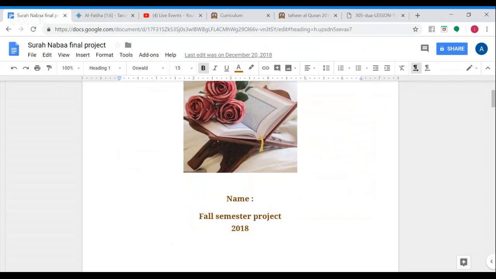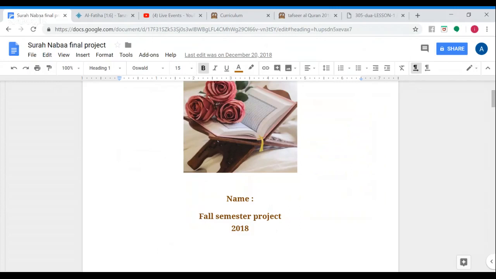Now, when min, from, and an, about, are attached to ma, they are written as mimma or amma. "Amma yatasaalun": an plus ma hidden in it.